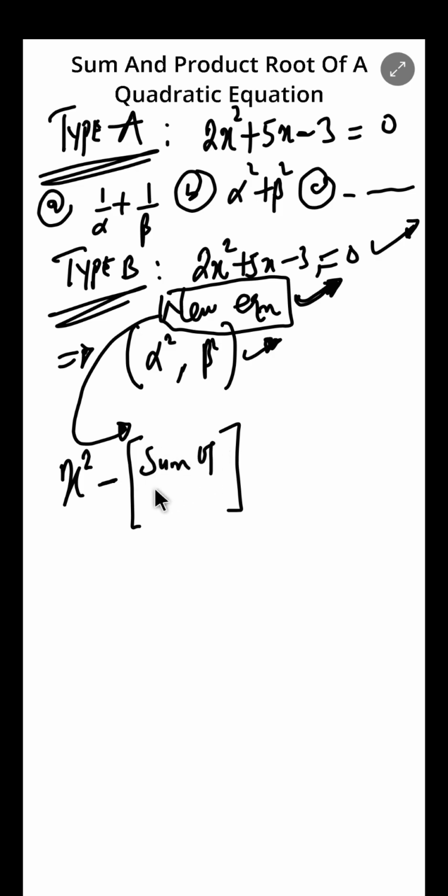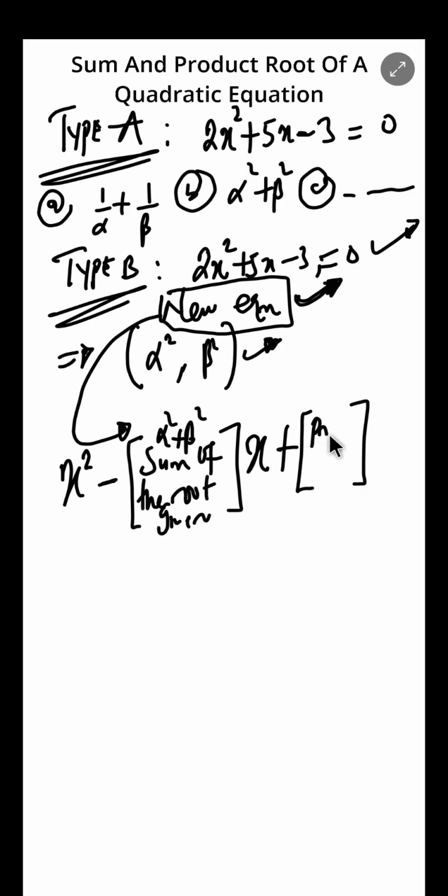This is the sum of the roots given, and this implies that you have alpha squared plus beta squared in this bracket. So I repeat, the formula is x squared minus the sum of roots given times x, then plus, finally, the product of the roots given. That is, in this case, you now have alpha squared times beta squared equals 0.